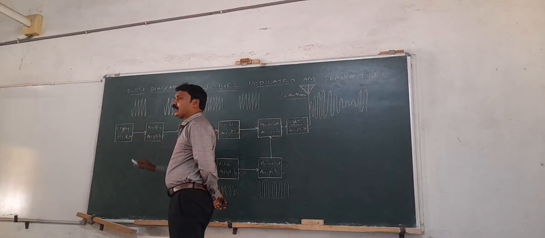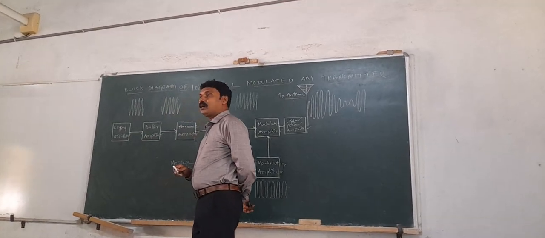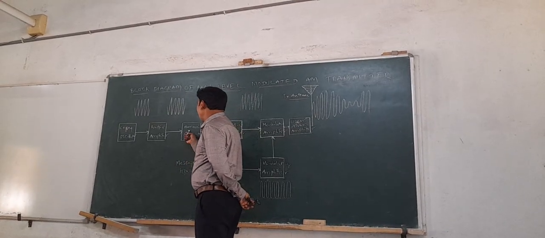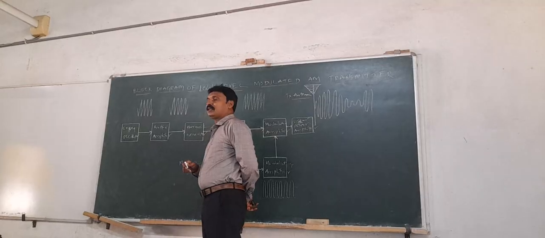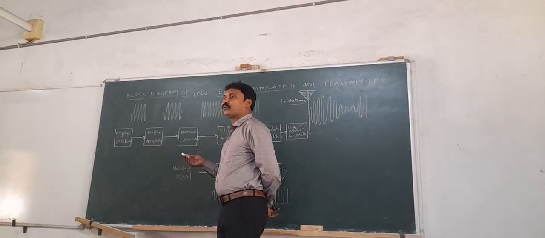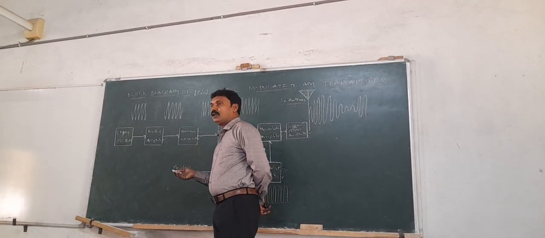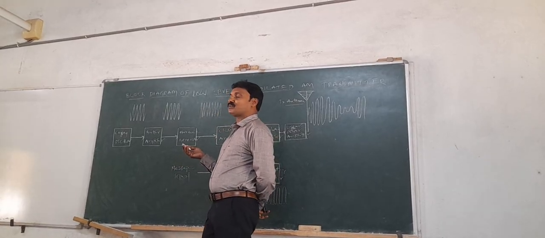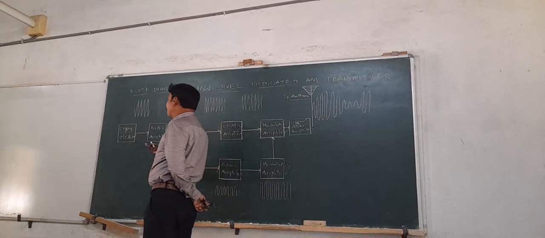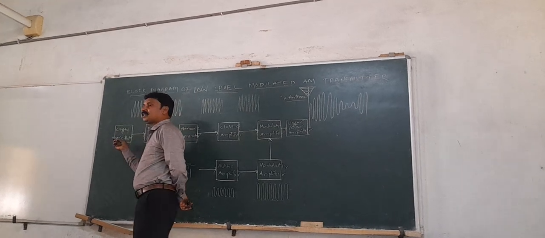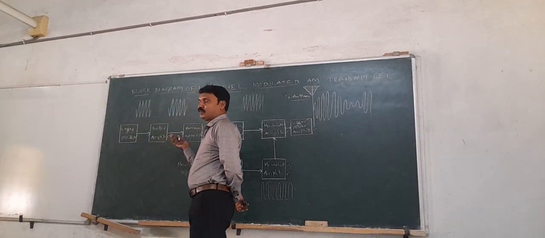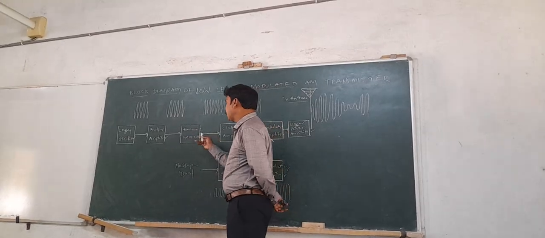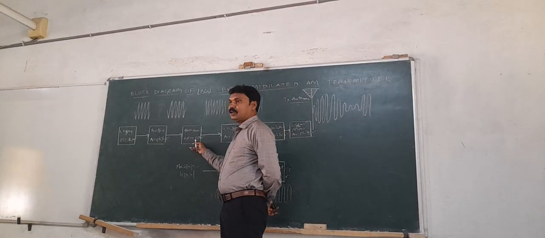Now the crystal oscillator's output of the low level carrier frequency is applied to the harmonic generator, which is used to produce the high level carrier frequency. Why? Because, as we know, the carrier frequency produced by the oscillator is not sufficient to transmit. Hence there is a requirement of a multiplier, which is connected at the harmonic generator.